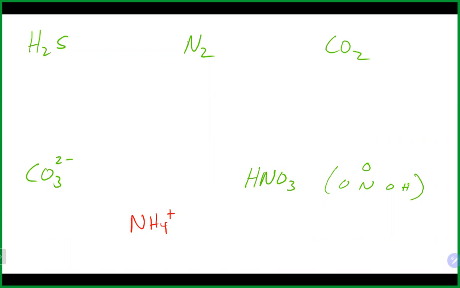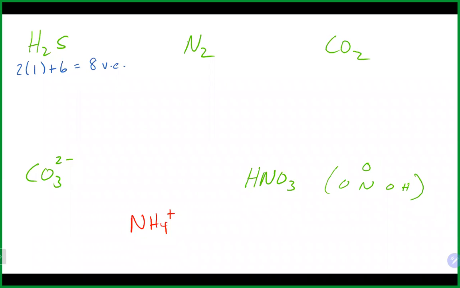Okay, let's take a look, see how you're doing on these. So we'll start at top left here. Once again, I'm going to count up the valence electrons, which is most important. We have 2 hydrogens, and hydrogen is 1. And then sulfur is group 6, which means it should have 6. So in this case, we're looking for a total of 8 valence electrons in our picture.